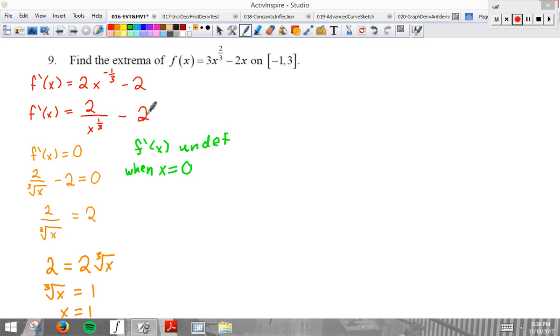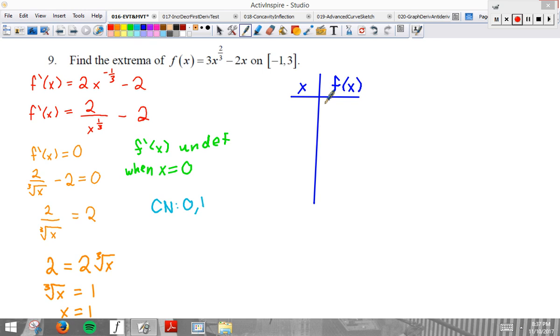F prime has a domain problem at x equals 0. So our critical numbers are 0 and 1. Do they both live inside this interval? Yes, they do.